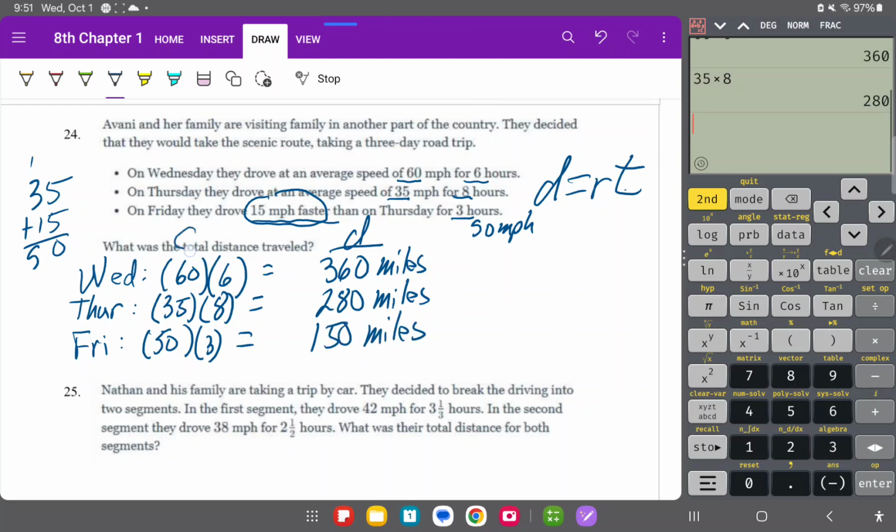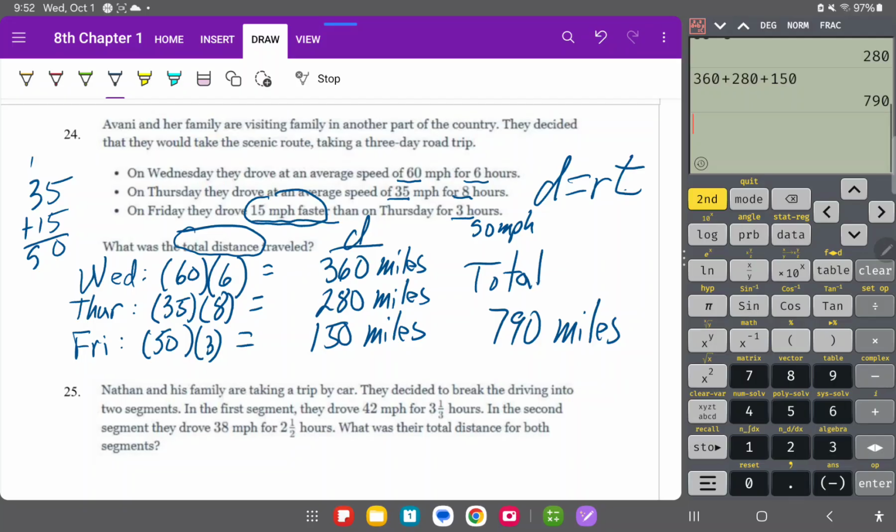So then they say, what is the total distance? So you basically add those 3 days up. So we go 360 plus the 280 plus the 150, and that equals 790. So the total is 790 miles.